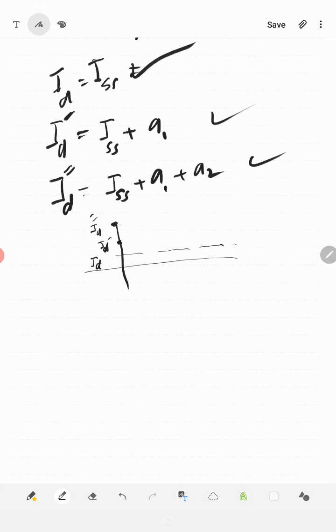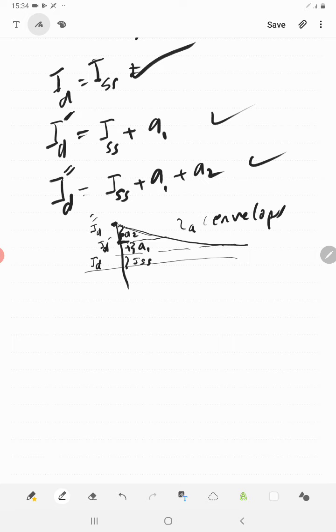This is basically the current envelope. So if we add to the steady state the part A1, you will get the transient current, and the initial current is the subtransient current.